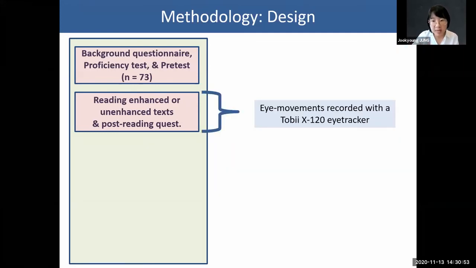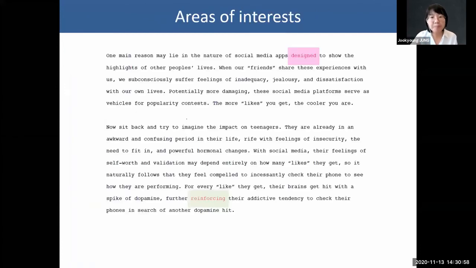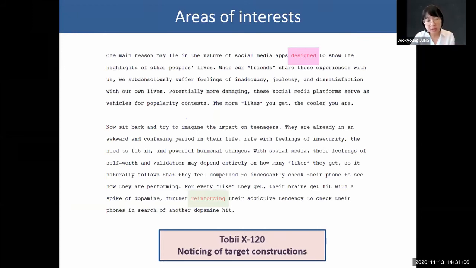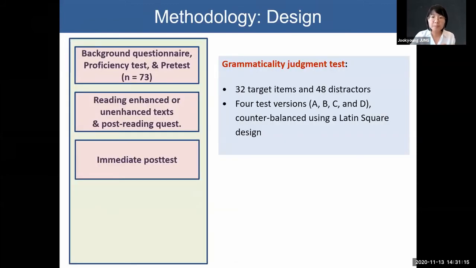While they were reading the text, their eye movements were collected using a Tobii eye tracker. Areas of interest were defined around the target participle phrases. And again, noticing was measured by eye movement captured in those areas of interest.